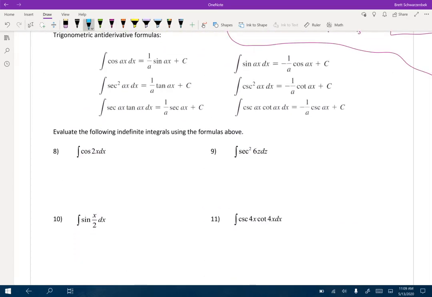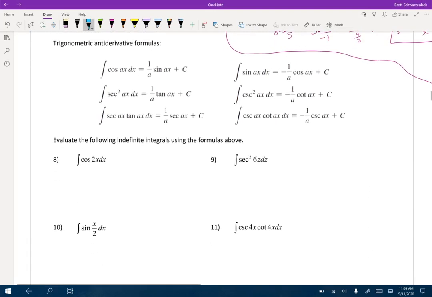Next up in our antiderivative exploration is trig functions. So remember when you take the derivative of, let's say, sine, you get cosine. Now, these trig antiderivative formulas actually take into account a little bit of the chain rule.